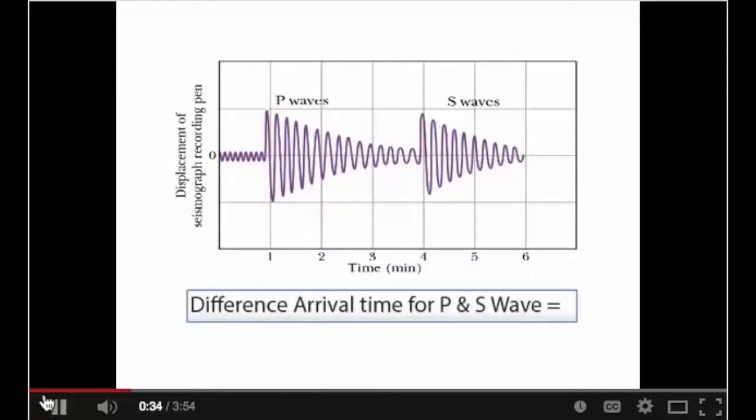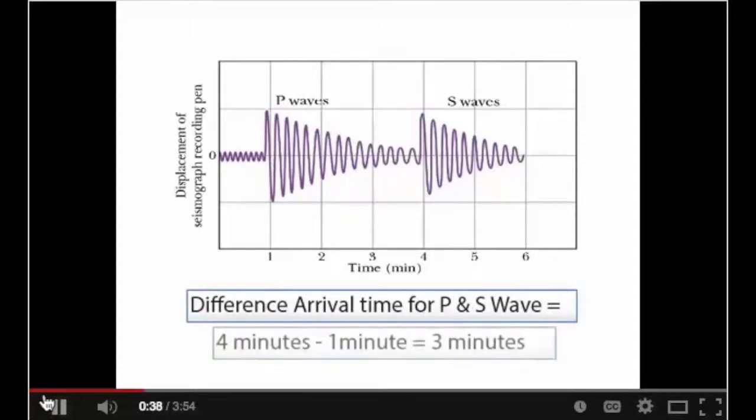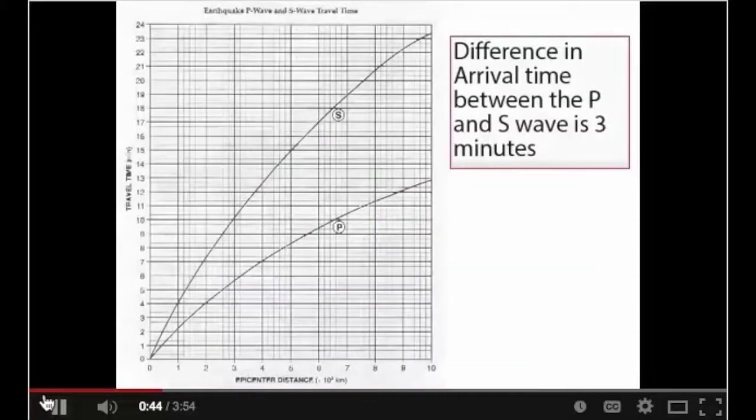So then the difference in arrival time for the P and the S wave is equal to 4 minutes minus 1 minute, which is equal to 3 minutes. Okay, so we know the difference in the arrival time. That's all we need to know to come to the P and the S wave chart here and to find out how far away the epicenter was. So I measure out 3 minutes over here on the scale for time.